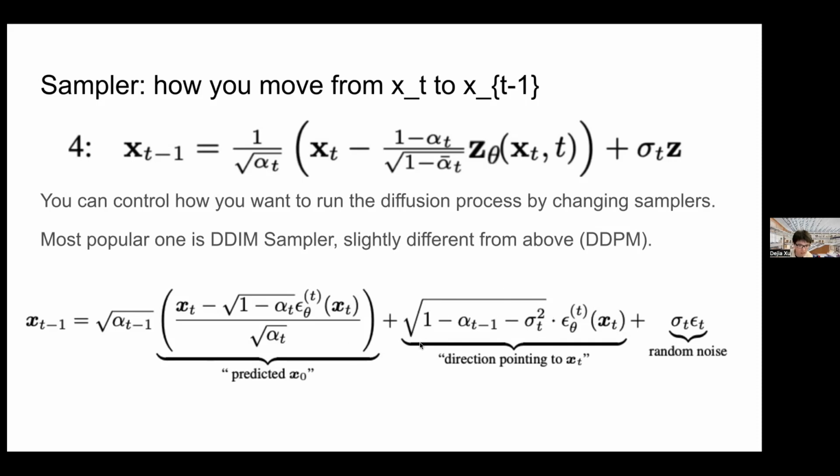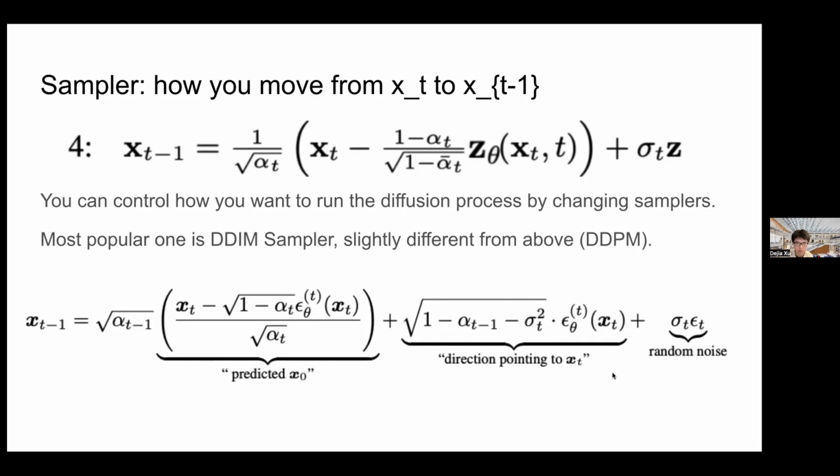I think here it is the square root of 1 minus alpha t minus sigma squared. And this makes sure that the noise level is gradually reducing as we make a step further in our diffusion process.